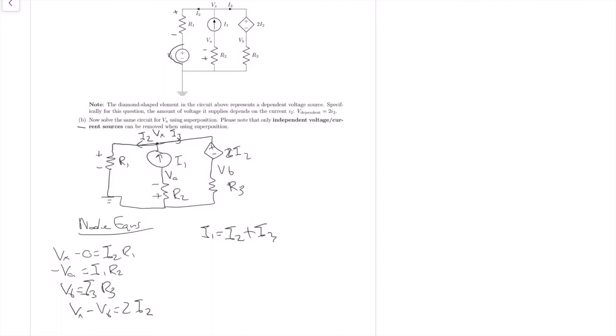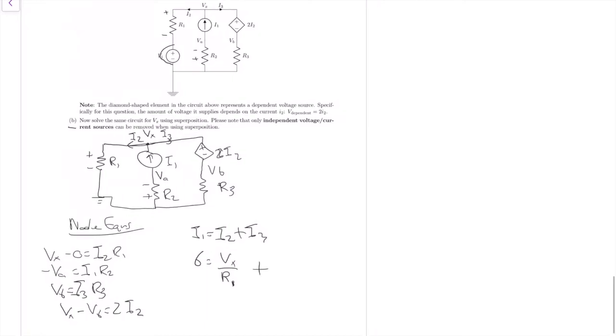And then we can plug in our values. So in this case, we know I1, so that's just 6. And then I2, let's use Vx over R1, since we don't have that complicated V1 in our expression anymore. And then for I3, we can use VB over R3.